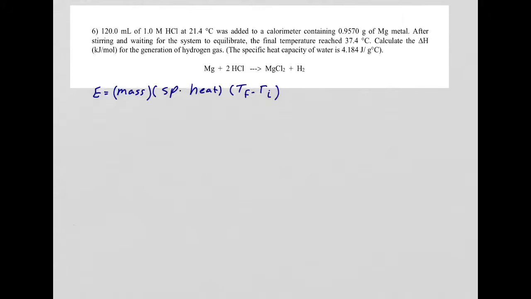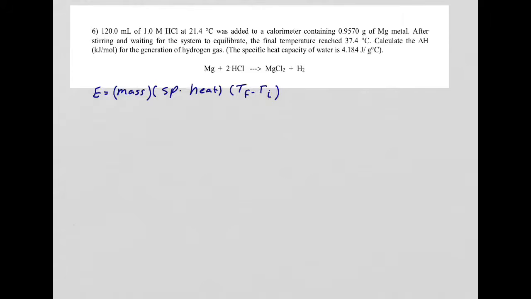Okay, now let's see what is going on here. So what is the mass I have here? What you have here, you have 120 ml of HCl and you have 0.9570 grams of magnesium. Even though the magnesium weight is so negligible compared to HCl, you can ignore it.